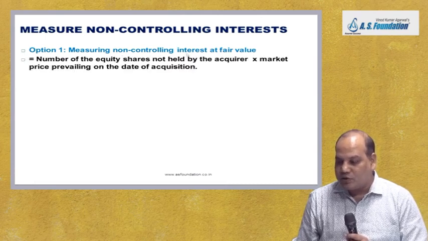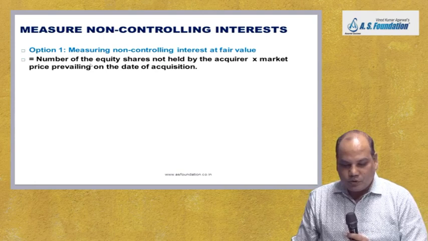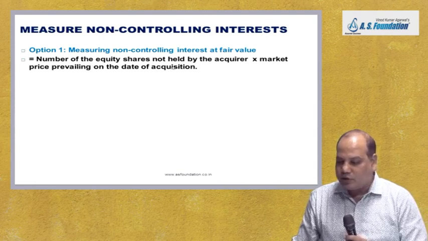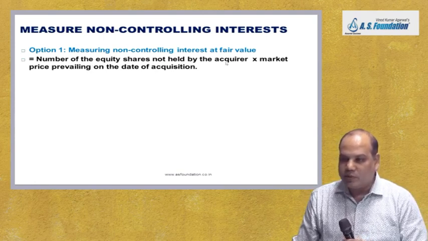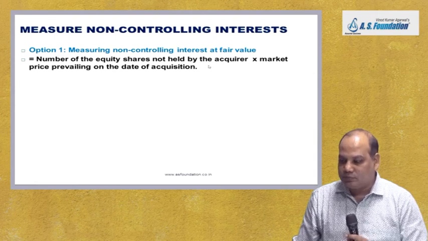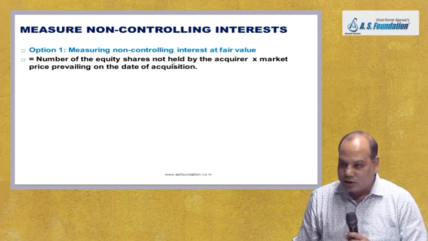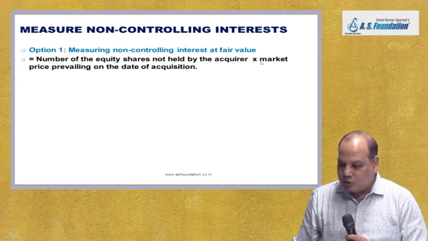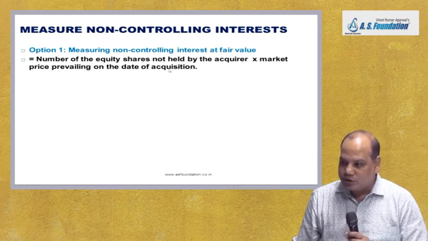So, measure NCI at fair value. What you'll do: first calculate how many shares are not held by the acquirer, or you can say how many shares are held by the non-controlling interest. That they will give you in the problem, multiplied by the market price prevailing on the date of acquisition. Market price of which company?